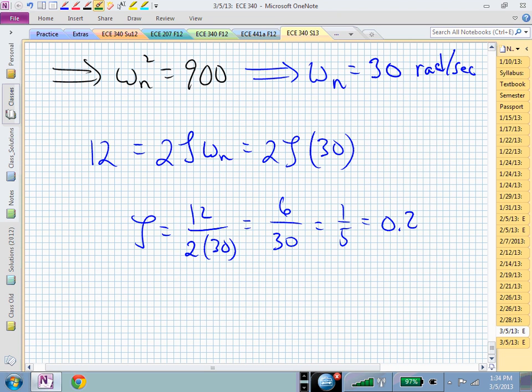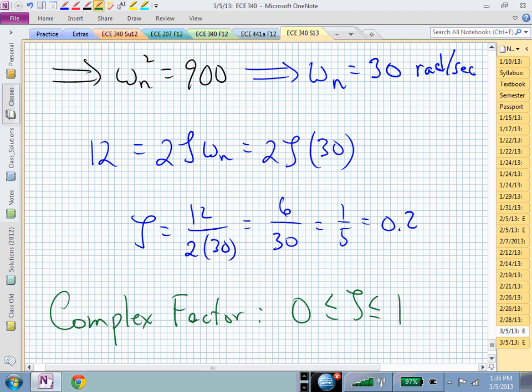When we have a complex factor, that damping ratio zeta is going to be living between 0 and 1. For values of zeta between 0 and 1, we have complex factors.